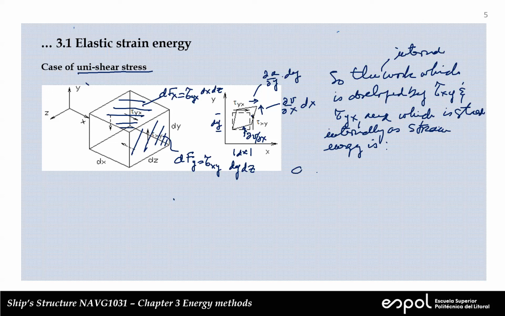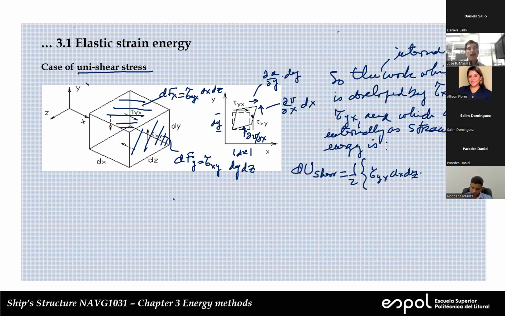Now we have to be careful, so let's put a little s because this is for shear. So it's going to be 1/2. We have this force in the x direction, so it's going to be tau yx dx dz, and then the distance that it travels is du dy times dy.